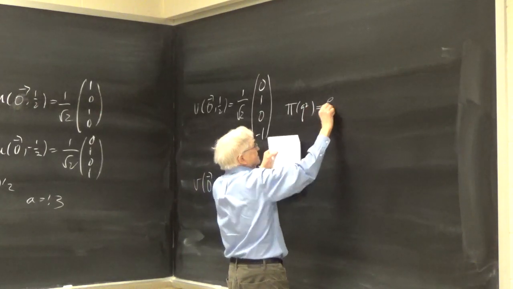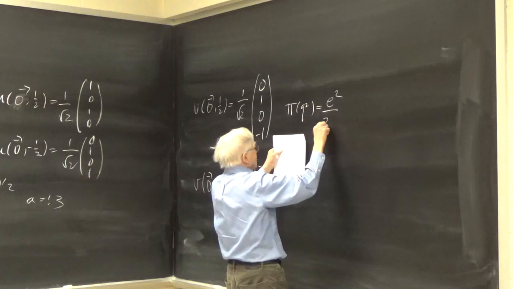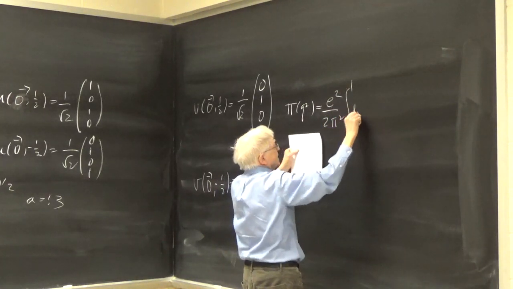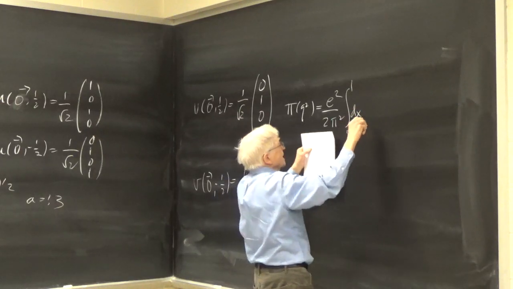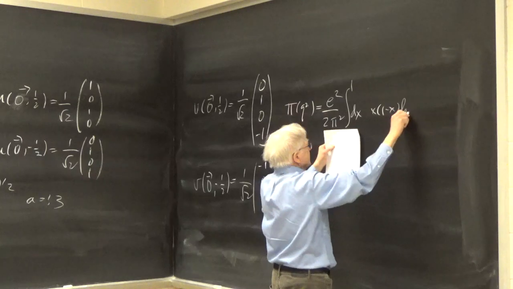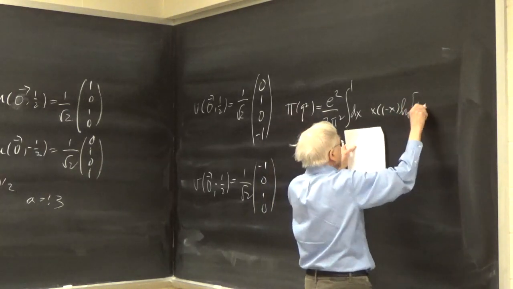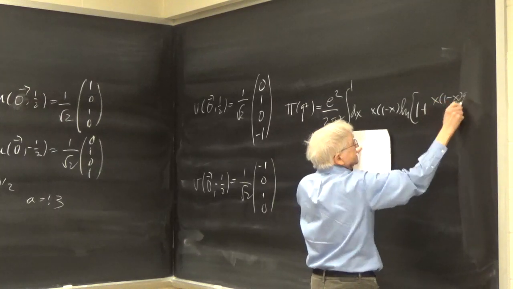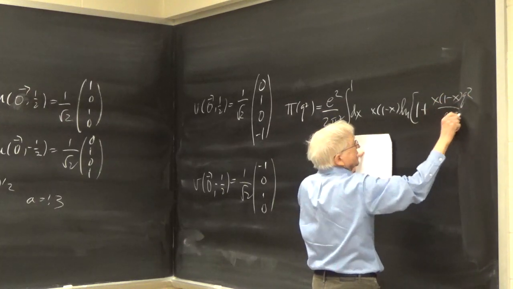The final result that we got to on Monday was an integral from 0 to 1 dx of x(1 minus x) times a log of 1 plus x(1 minus x) q squared over m squared.